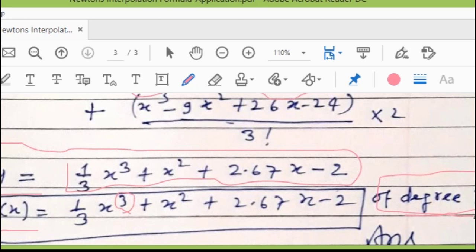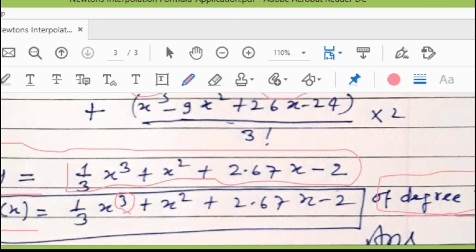Now we can also extrapolate with this. But while making the extrapolation, what is the restriction? The extrapolated value must be a little bit to the left of the initial value, a little bit backward of the initial value.